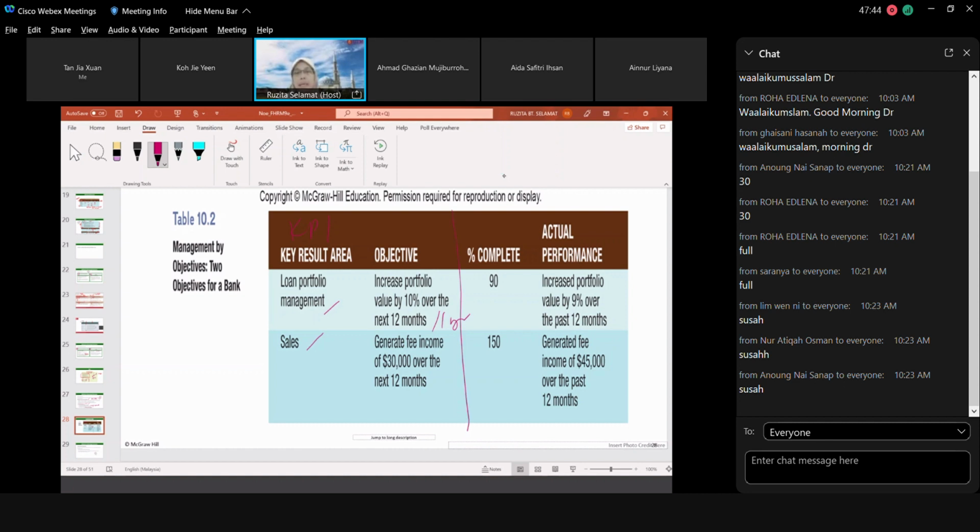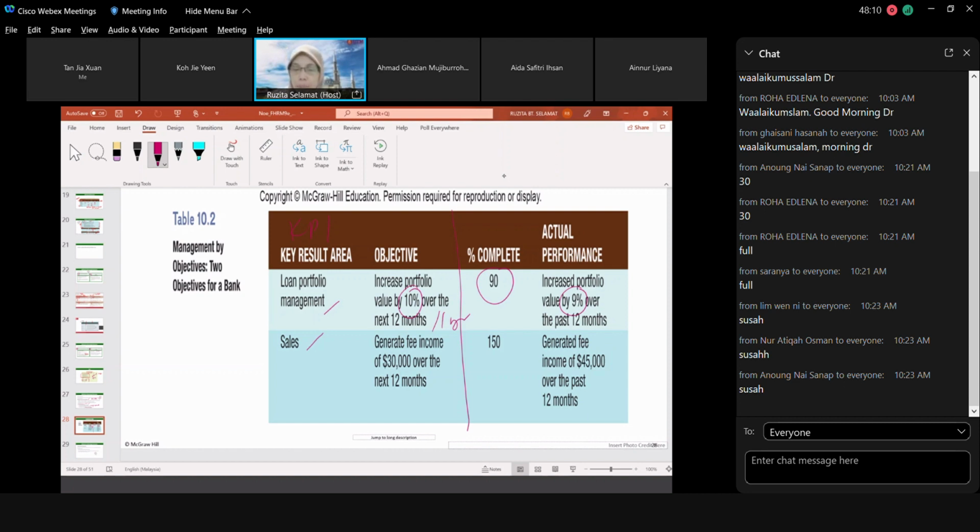We found out that in terms of loan portfolio, the objective is 90% completed. Why? Because instead of achieving 10%, they only achieve 9%. So in other words, it is 90% completed. 9/10, ataupun 90%. How about sales?